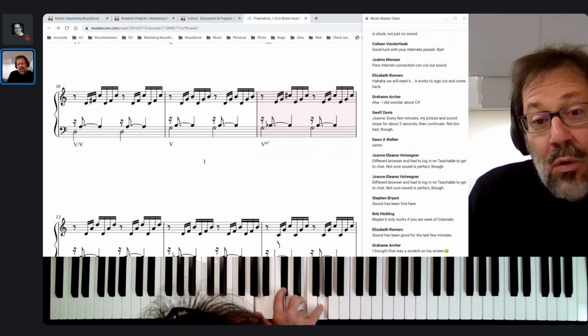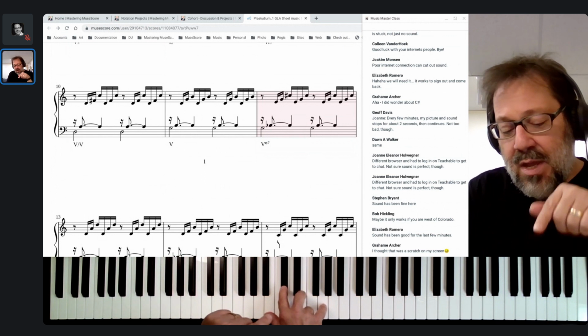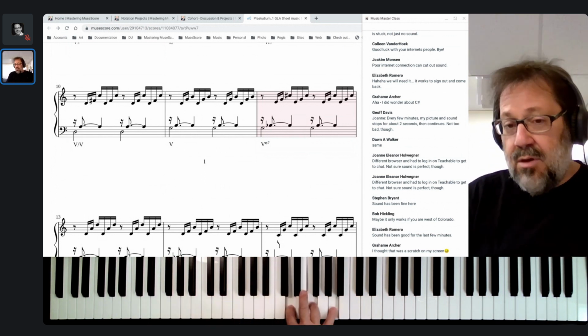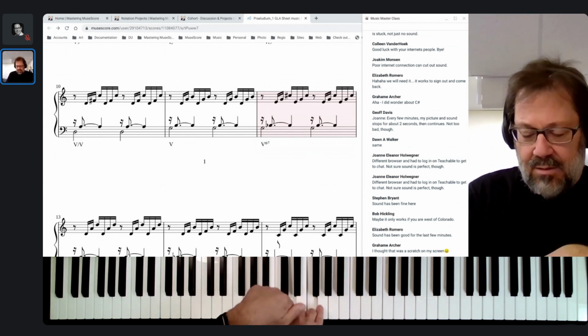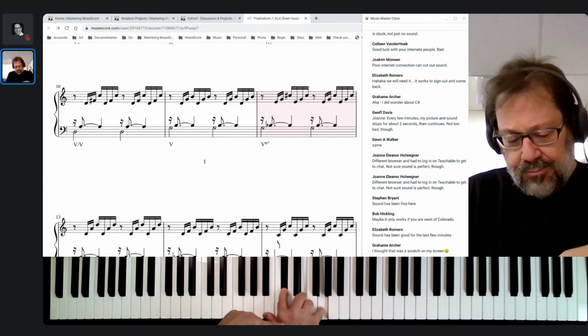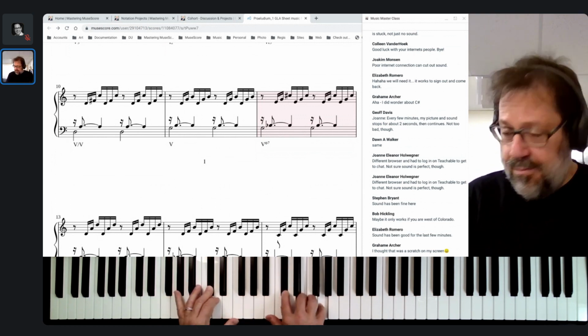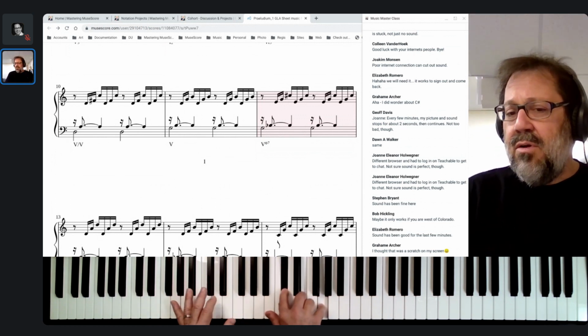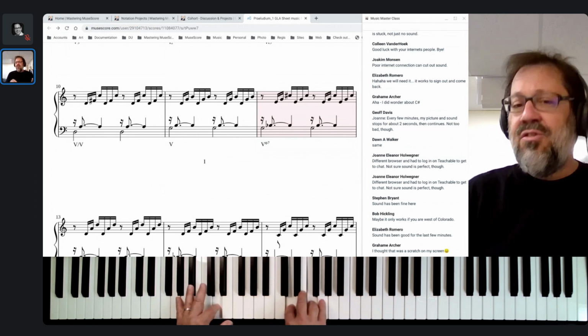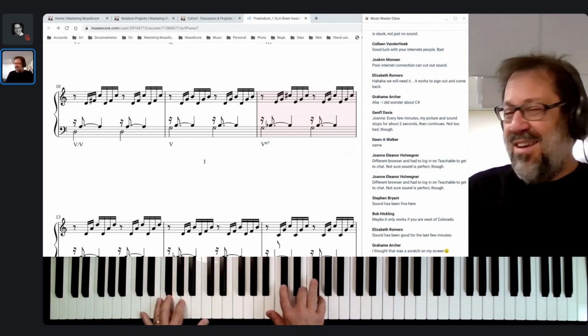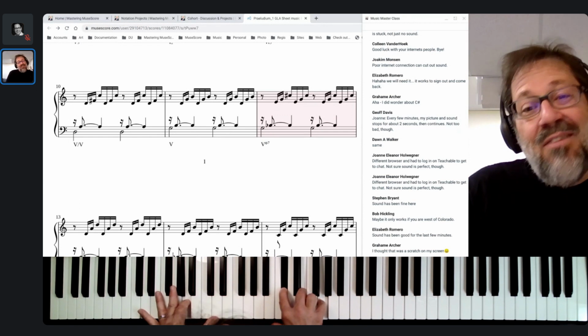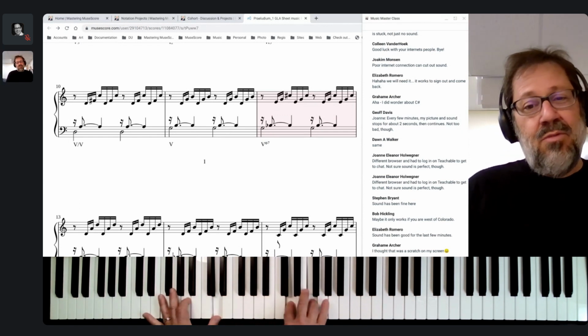Well, that is the 5 chord in D minor. So anytime you hear C sharp diminished resolving to D minor, 7 to 1, you're really hearing 5-7 resolving to 1.